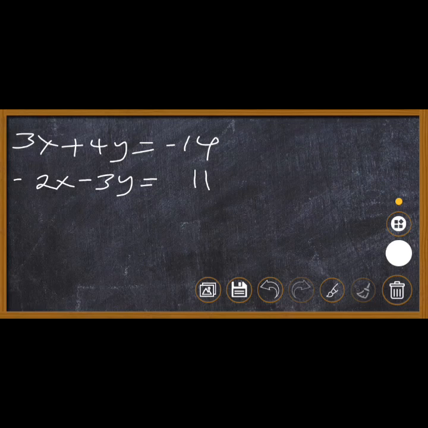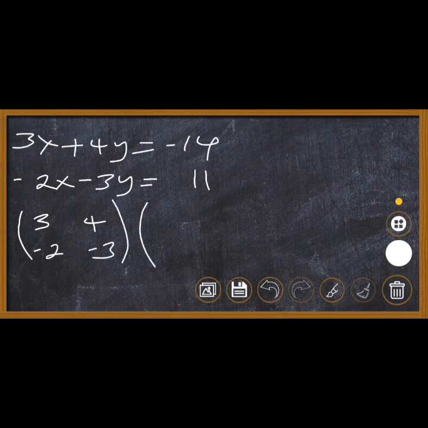So for this simultaneous equation that we have, we first have to write the coefficients of the variables. The coefficients of the variables are 3, 4, negative 2, and negative 3. So these are the values that you have to write in the form of a matrix according to their position. So we're going to have 3, 4, negative 2, and negative 3.